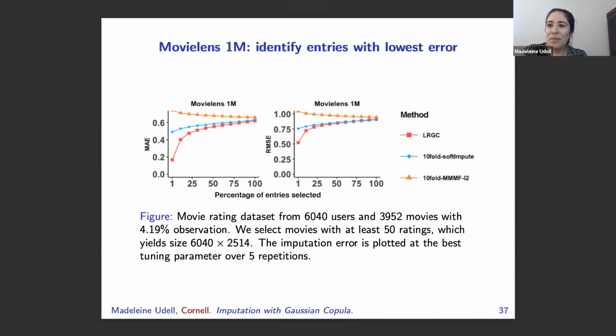If we use these confidence intervals to figure out which entries we should be most confident in, we can try using our confidence intervals, or those of competing methods. What's interesting is that for some methods, like maximum margin matrix factorization with an L2 loss, the entries that are predicted to be more confident actually give worse imputations.